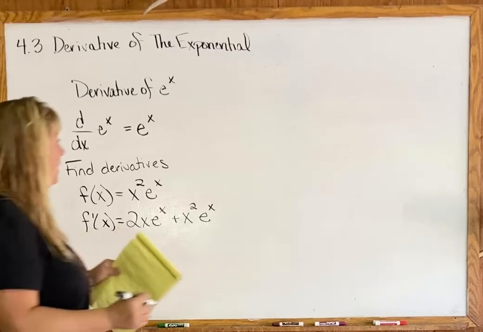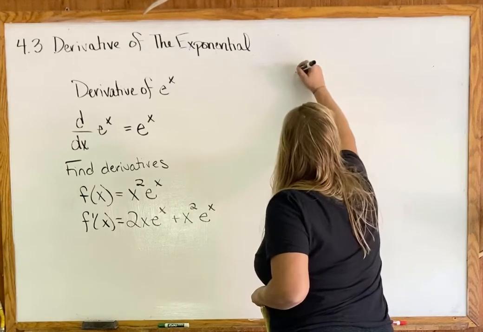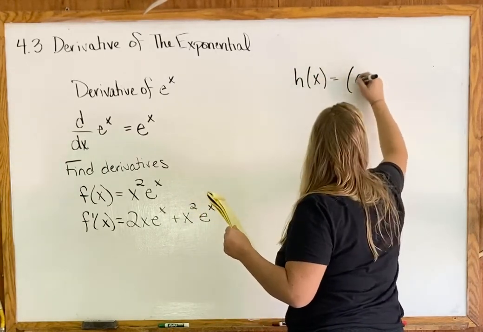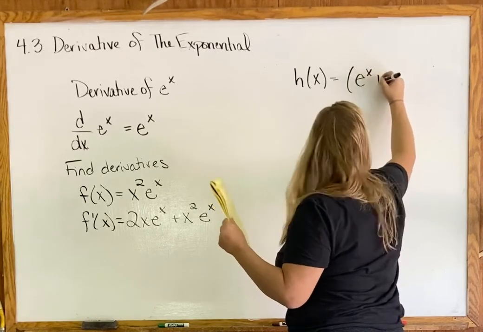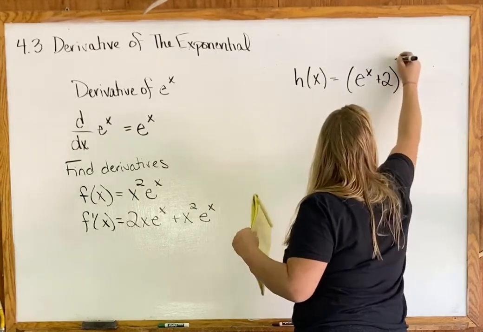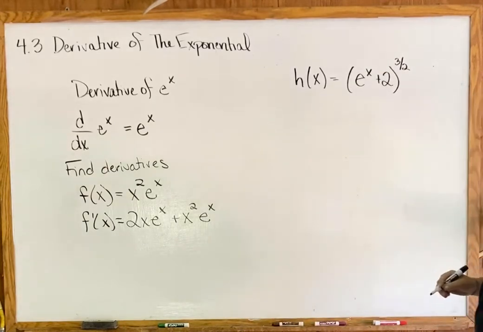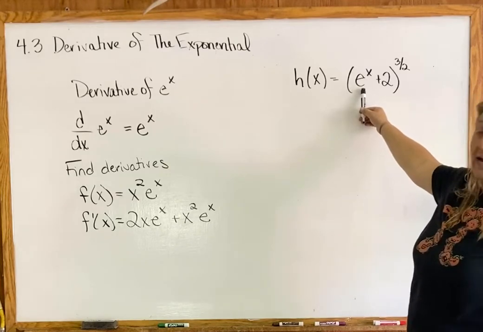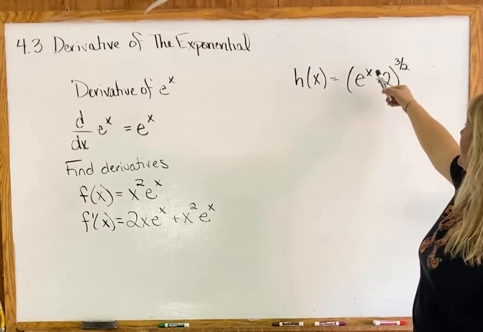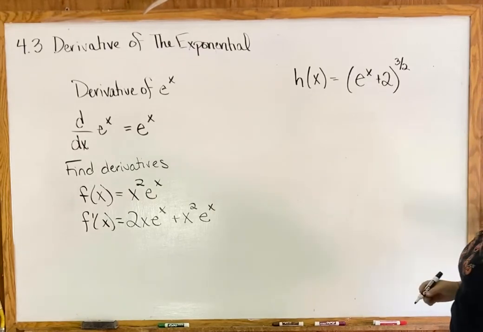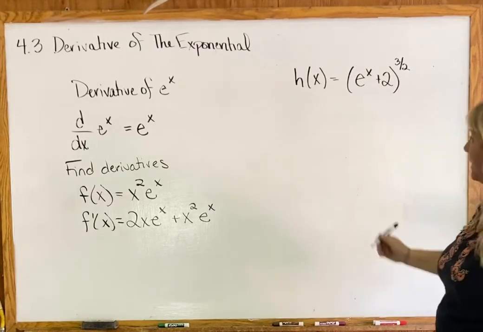Okay, let's look at another one. Let's say we had h of x equals (e to the x plus 2) to the 3/2 power. Here we have e to the x inside another function, so this is where the chain rule comes into play.